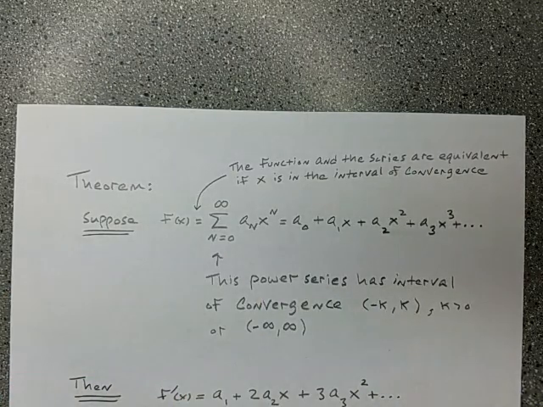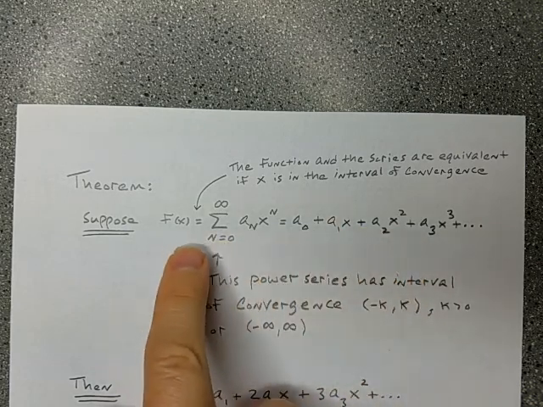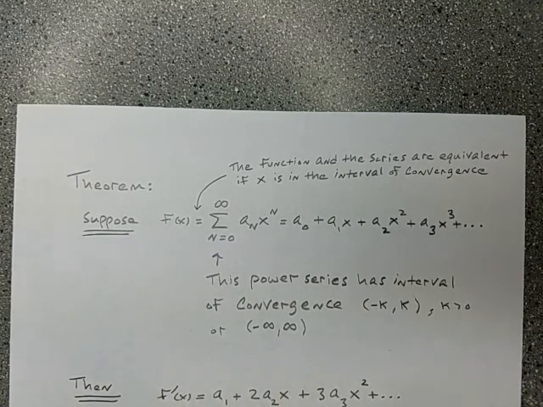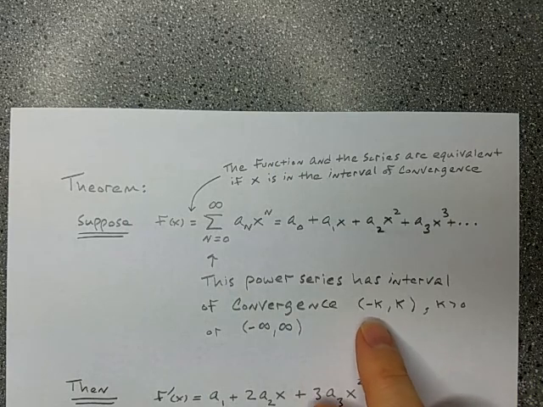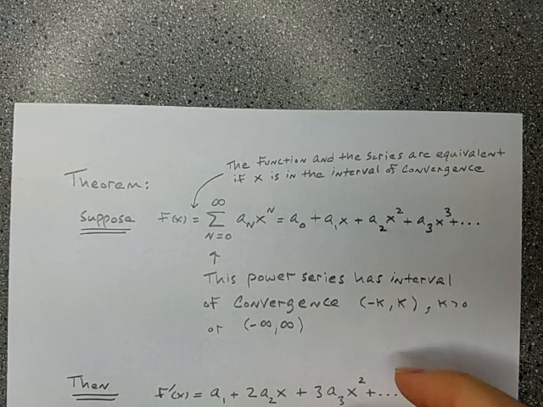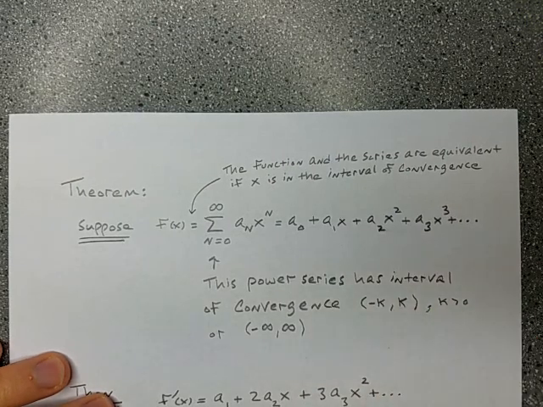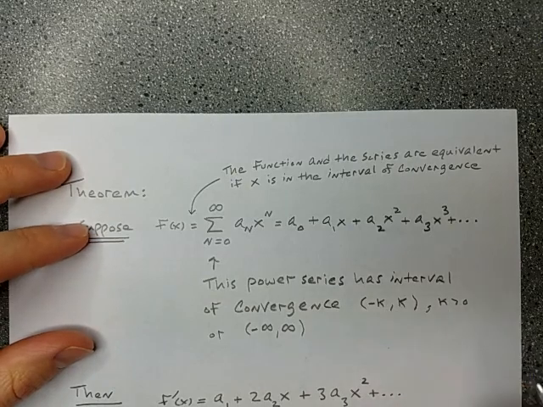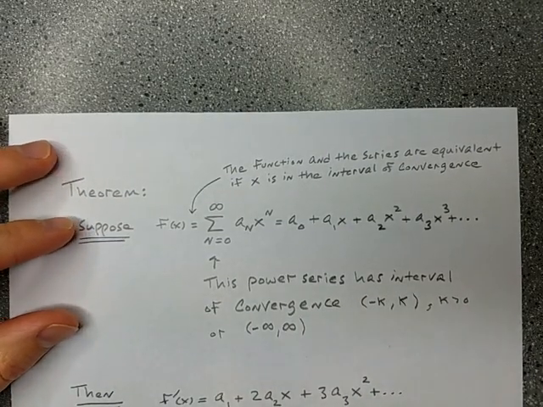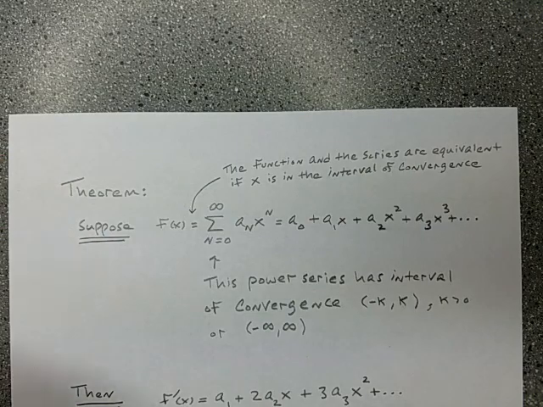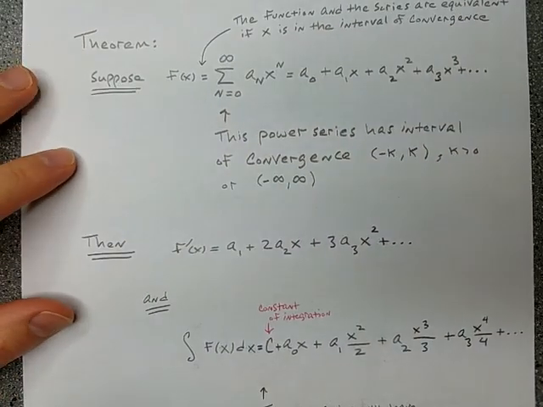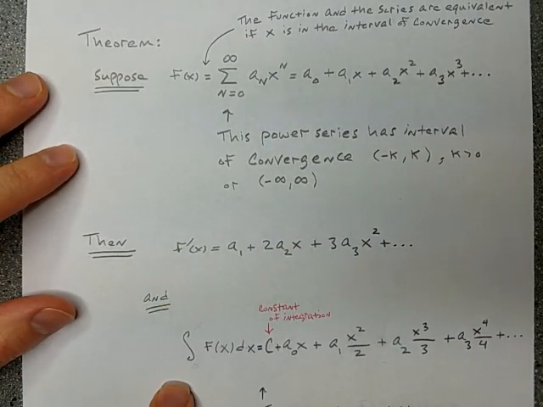Let's say they're the same for some interval of convergence, whatever that is. It could be that the interval of convergence is negative k to k, or it could include the endpoints too. I told you there was lots of fine print. But let's just say that it has some interval of convergence. Then you can modify this statement in terms of differentiation or integration.